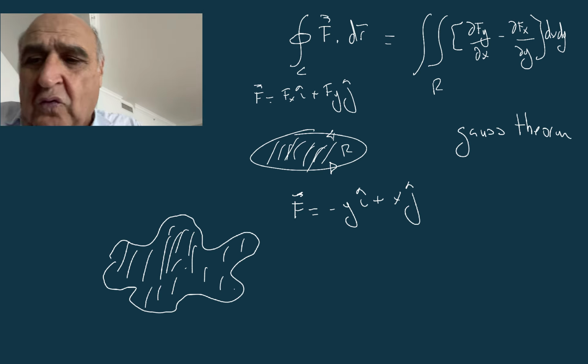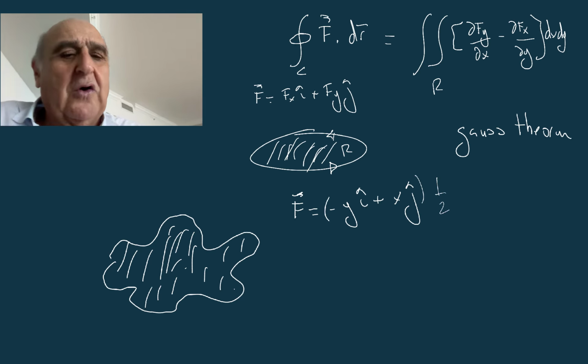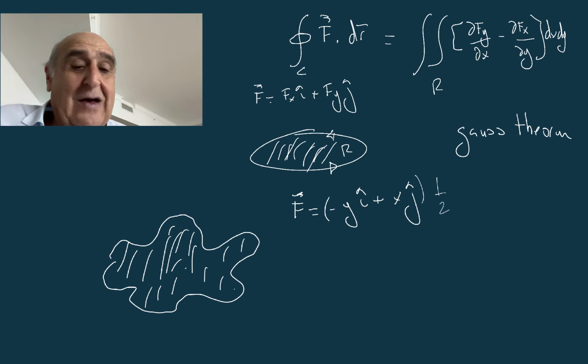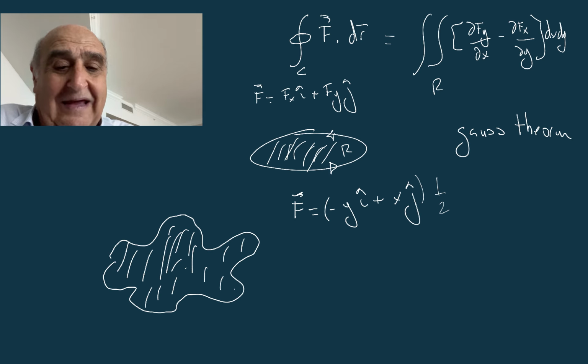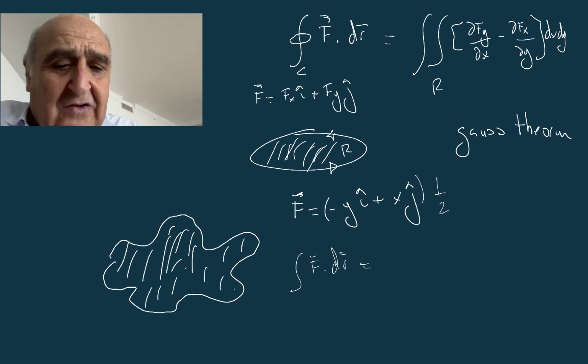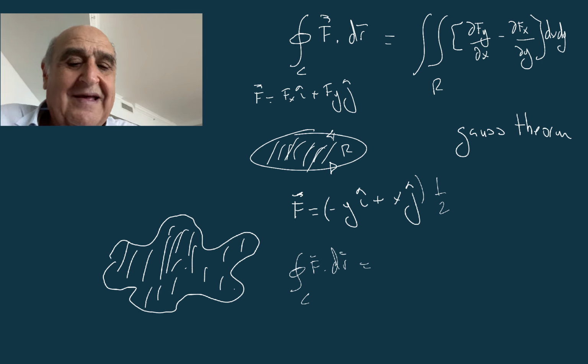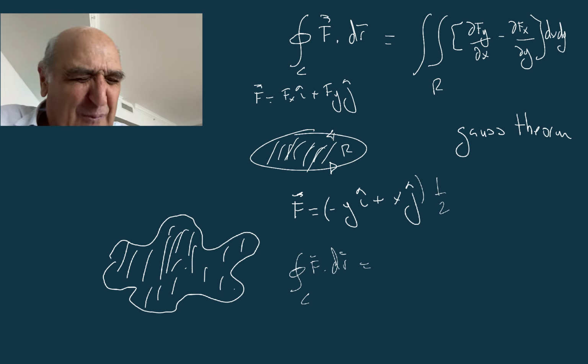So let's consider the vector field one half of this. So now, instead of calculating the area directly, the theorem says that the line integral of F scalar dr over the closed curve is related with the information that is inside the boundary.